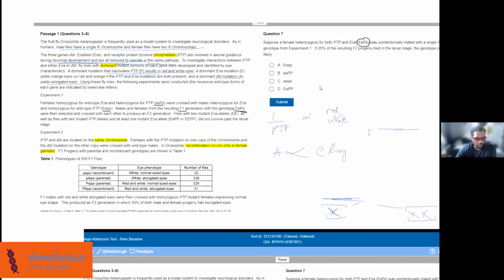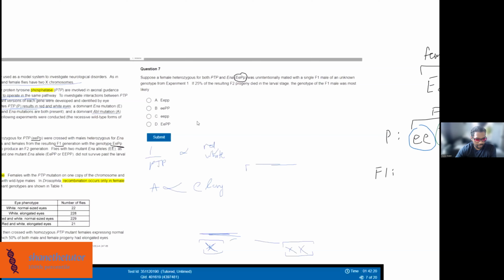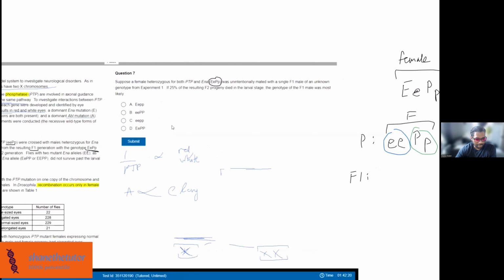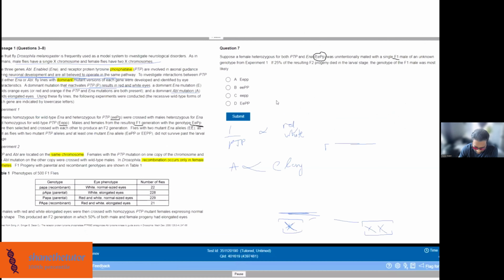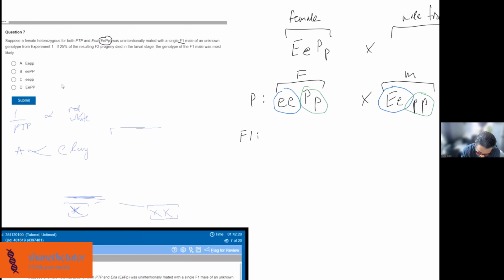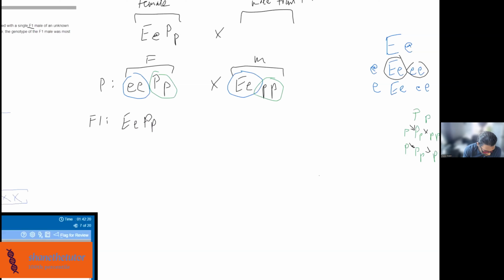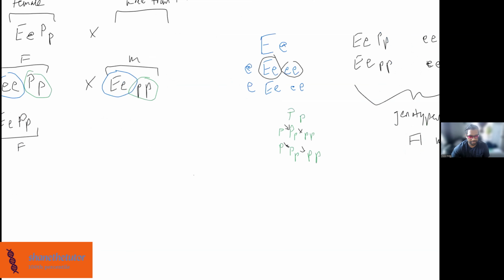And in the question stem, they're saying that it's going to be mated with an F1 male. So that means that the F1 female is going to be the one with the big E, big P, little p genotype. And then we're going to have 4 possible options for the F1 males, which are these.